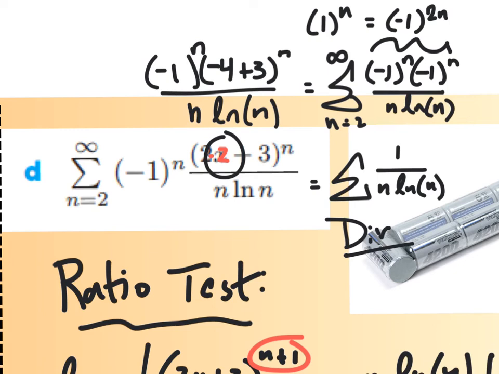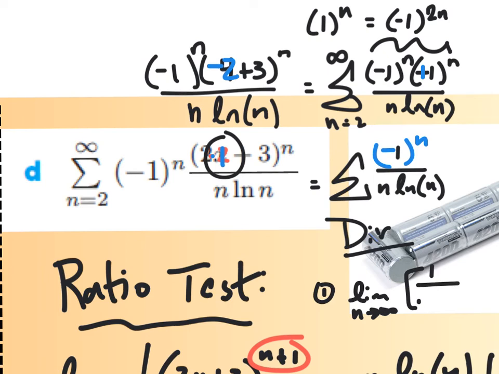If I plug in a negative 1, that would make this a negative 2, which would make this a positive 1 here, which would keep the alternator. By the alternating series test on this one, all I have to do is two things: show the limit as n goes to infinity of the non-alternating piece goes to 0, which it clearly does, and that it's decreasing, which it also does.